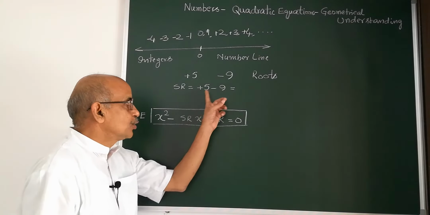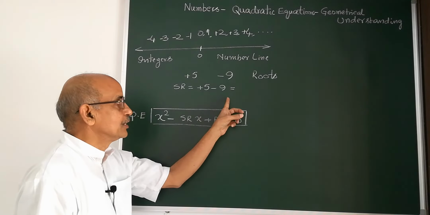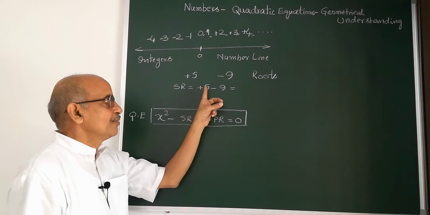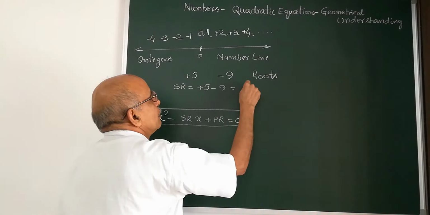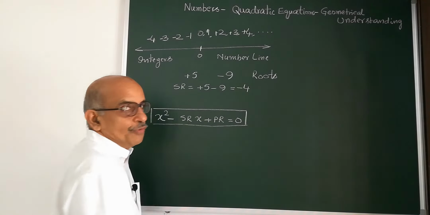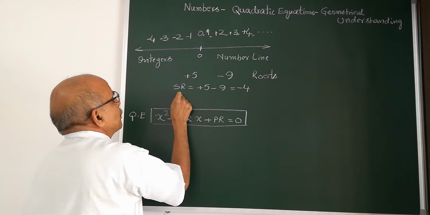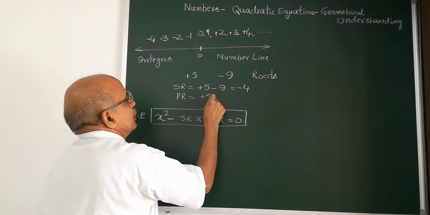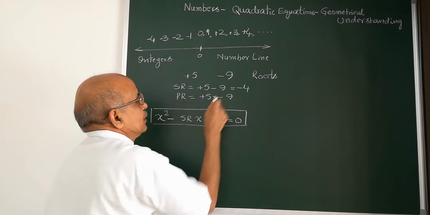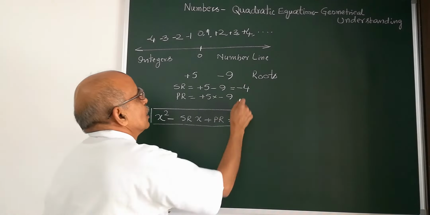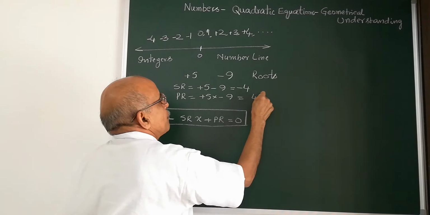When you take two integers with different signs, we take the difference between these two numbers. Difference of 5 and 9 is 4, and the bigger number has negative sign, so it becomes minus 4. When you take the product of the roots, that is plus 5 into minus 9. 5 nines are 45.